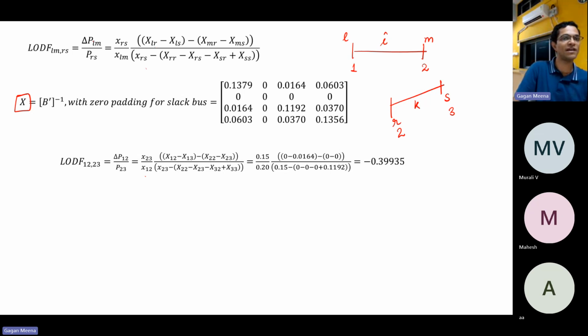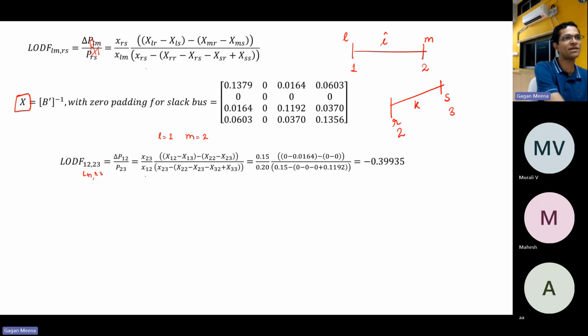Take LR minus LS, then MR minus MS. Let us first write this is L, M, and this is R and S. L is 1, so that you remember. Don't make a mistake. Explicitly write it.